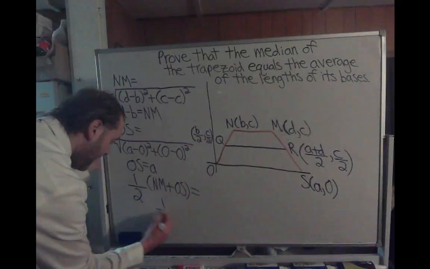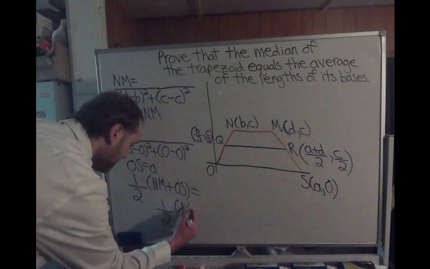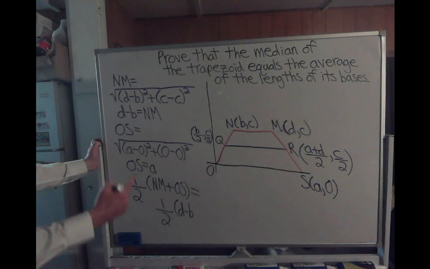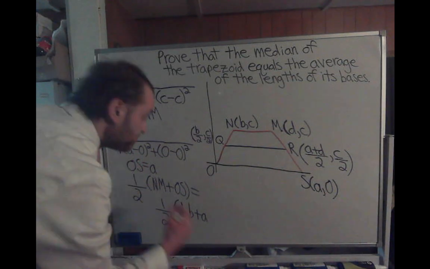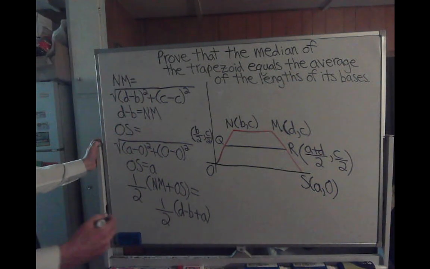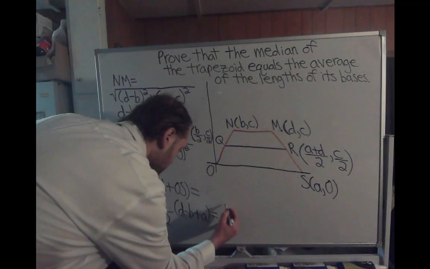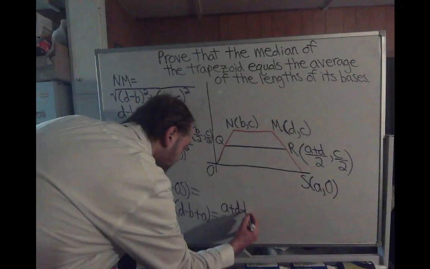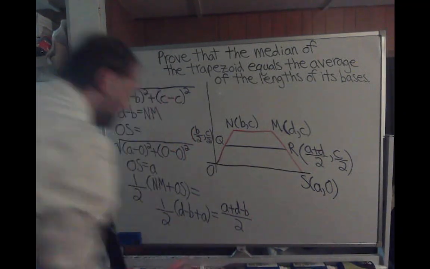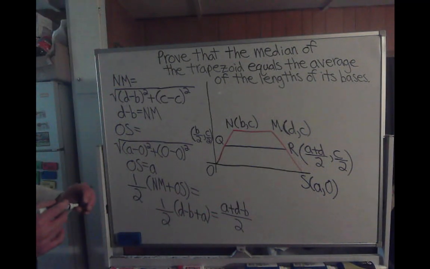That's going to equal half of D minus B plus A. Which in fact you could write as A plus D minus B over 2. That's the average of the sum of the two bases, A plus D minus B over 2.